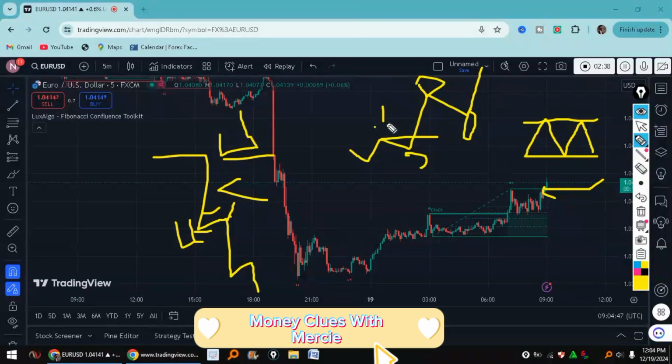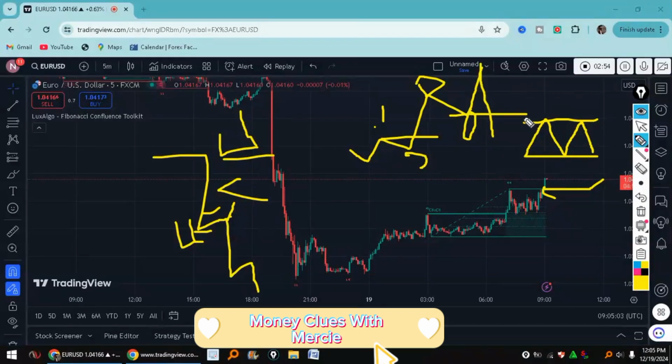That shows you a continuation to the upside. When a higher high is broken, that's when we get a bullish break of structure. You understand? And so guys, if price at any given point happens to break below your higher low, that is a potential push to the downside, or rather a reversal can take place.